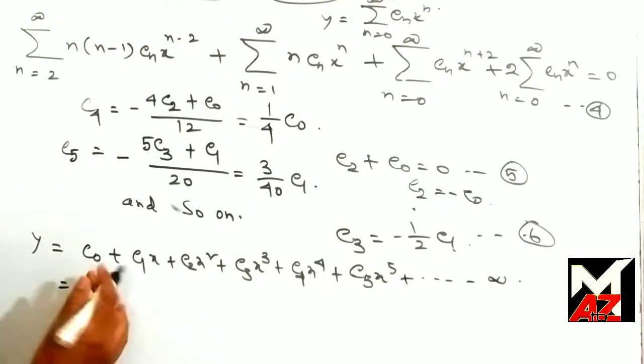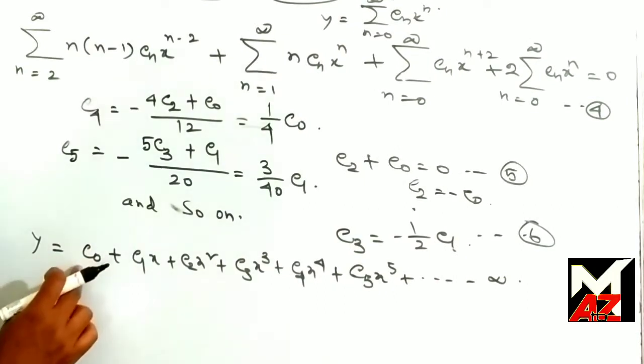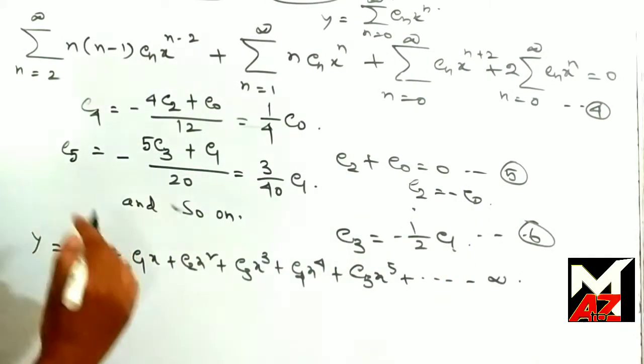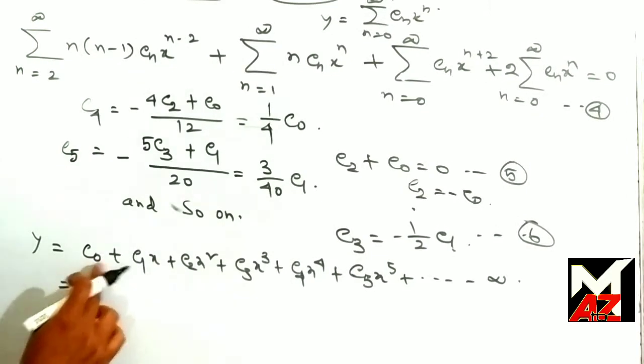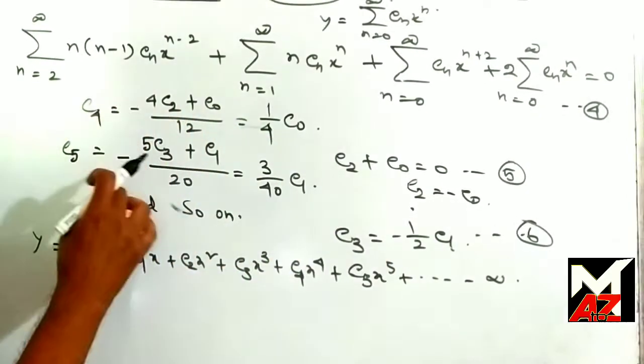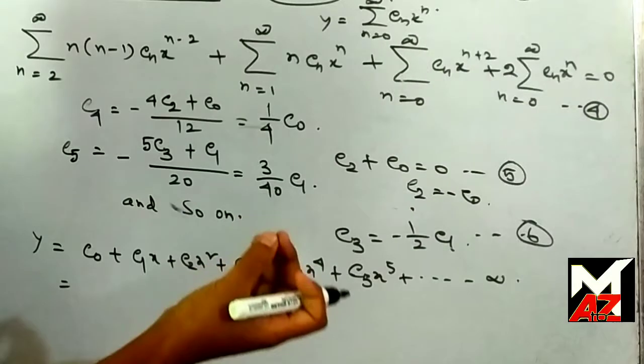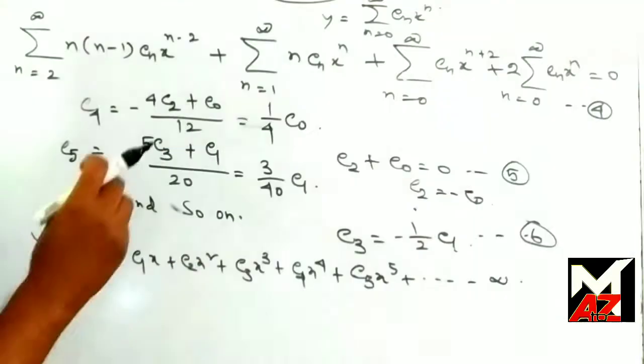And here C0 remains C0, C1 remains C1, because all the values we can find either in terms of C0 or in terms of C1.